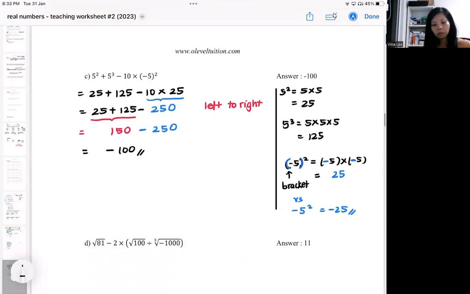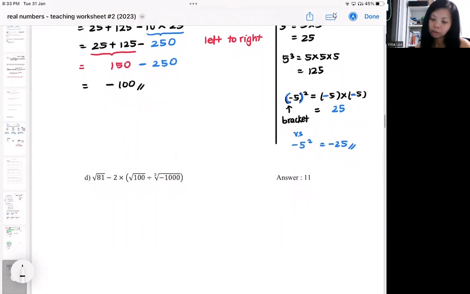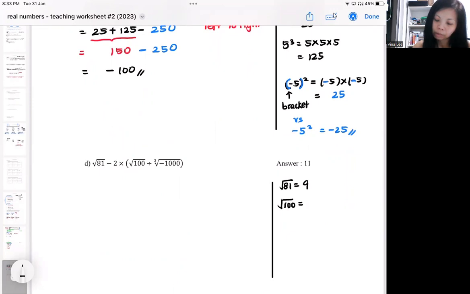Okay, so in the next one, you are going to see square roots. So I will suggest if you got things like this, you do a side column first. So square root of 81 is 9. Square root of 100 is 10. Cube root of negative 1000 is negative 10.